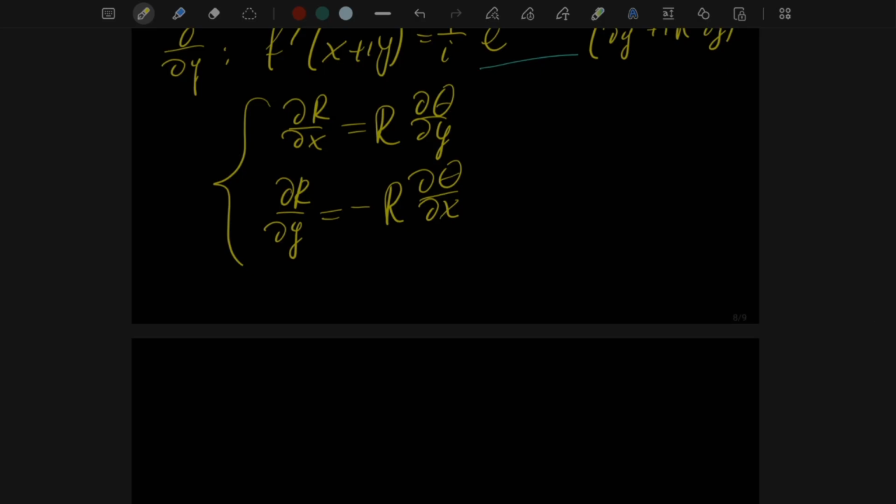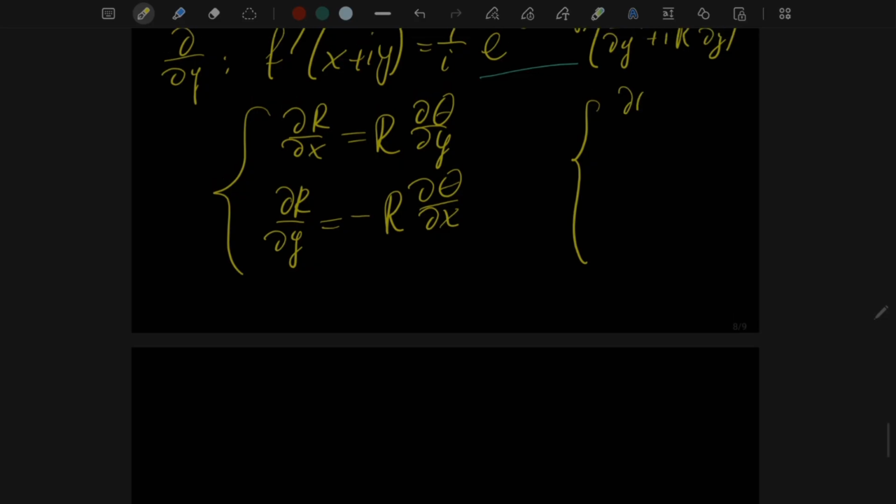Or I like to take r to the same side, so we have that d theta by dy is equal to 1 over r dr by dx, and d theta by dx is equal to negative 1 over r dr by dy.